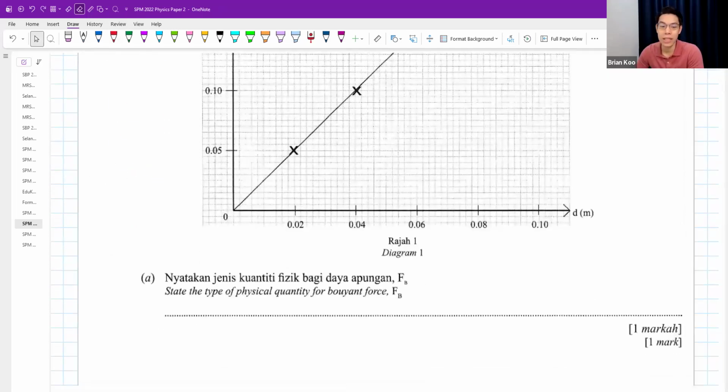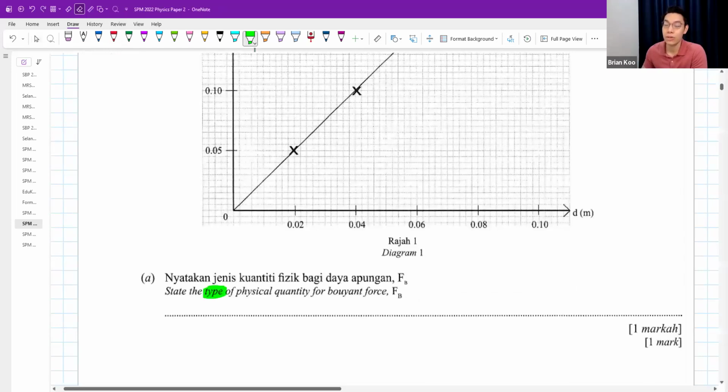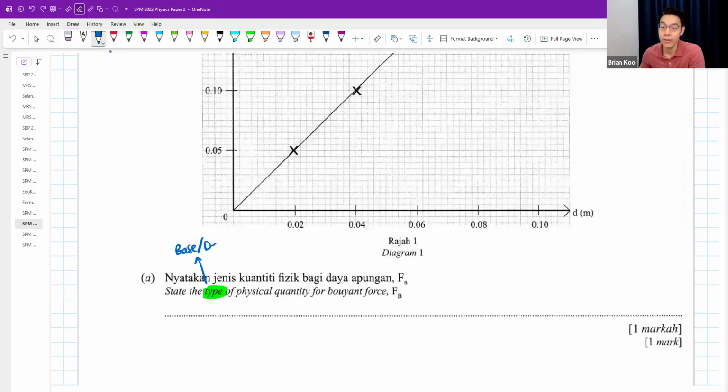State the type of physical quantity for buoyant force. Now, whenever they say type, only got 4 possible answers. Either your answer is base or derived, either one, or your answer could be scalar or vector. Usually you can pick one from base or derived, and then you can pick one from scalar and vector.